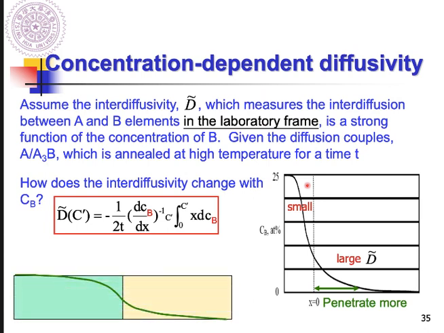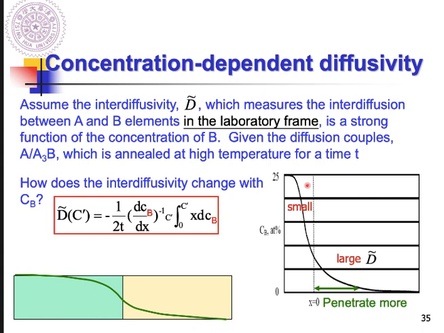And the other point of view is I just want to compare two cases. The first one is what you learned, when the diffusivity is a constant, and the second case is the diffusivity as a function of the concentration of CB.